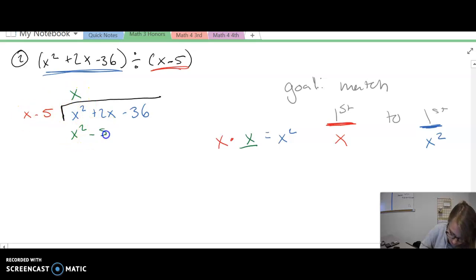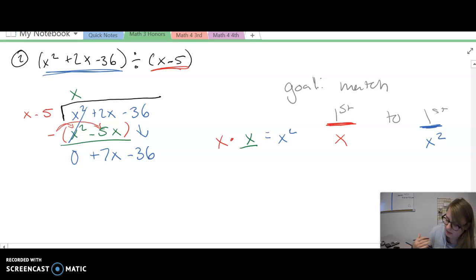Then x times -5 is -5x. And then don't forget the negative that's going to be distributed. So then we have x squared minus x squared. So those cancel, we have 0. And then we have 2x plus 5x, because a negative and a negative make a positive. So we have plus 7x, and then we bring down our -36.